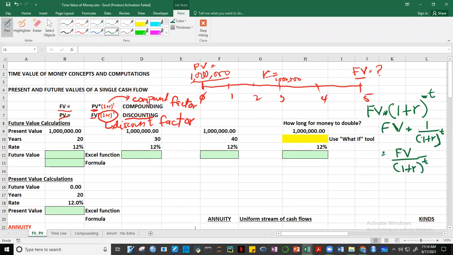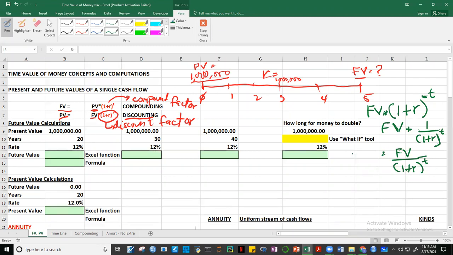Okay? So you notice, guys, that because of the discount factor, the present value is smaller compared to the future value. Because we actually divide, and this will be more than 1. It will only become 1 when the time is equal to 0. If time is equal to 0, then the whole expression becomes 1, because any number raised to the 0th power is equal to 1.